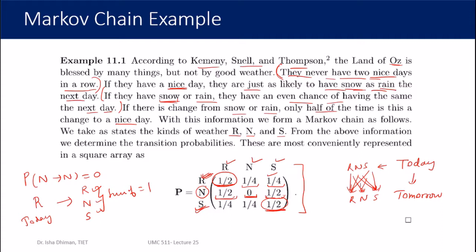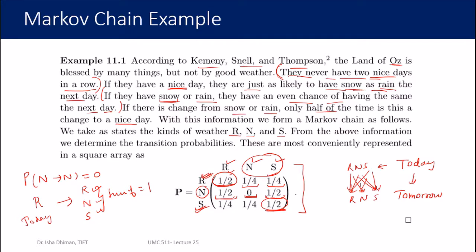If there is a change from snow or rain, only half of the time it is a change to a nice day. So if rain is going to change, because rain to rain we now know is 1 by 2, the sum of the probabilities from R to N and R to S is going to be 1 by 2, because the total has to be equal to 1.